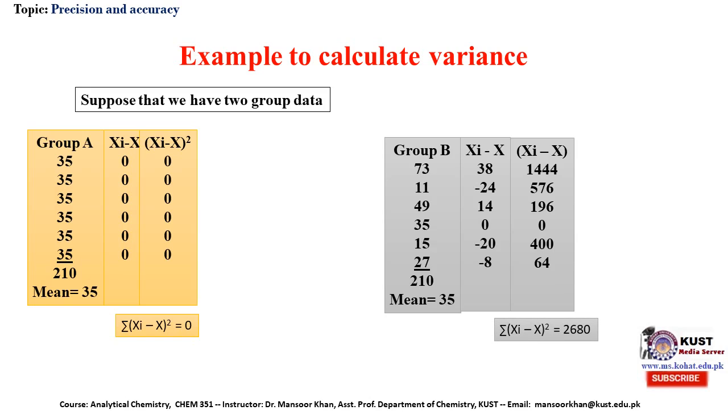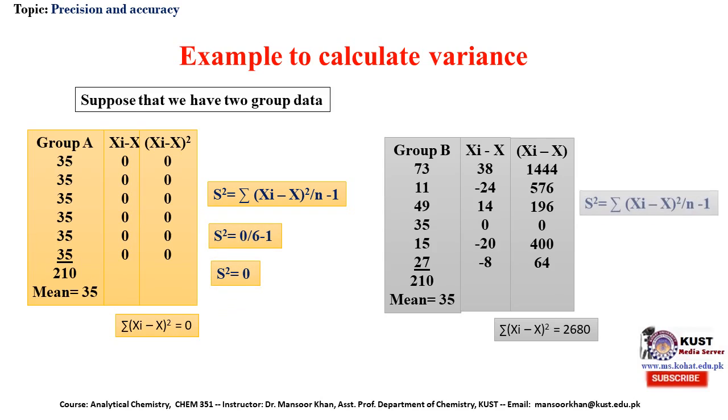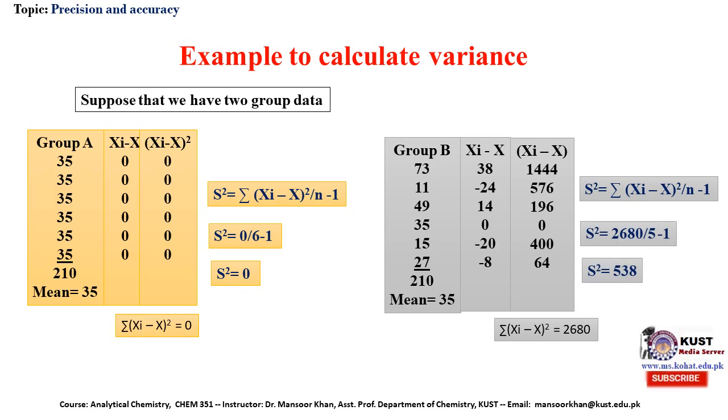The summation of (xi minus x bar) whole square is equal to 2680. Now the variance for group A is equal to 0 divided by 6 minus 1, which is equal to 0, while the variance for group B is equal to 538.